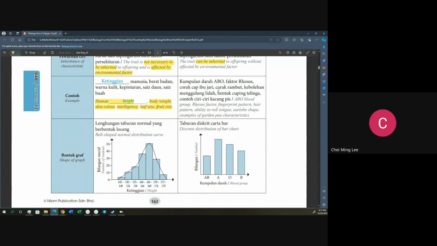While for discontinuous variation, we have ABO blood groups, blood group rhesus factor, fingerprint pattern, hair pattern, ability to roll your tongue, ear root shape, and examples of garden pea characteristics. On the graph, normally the shape for continuous variation will be a bell-shaped normal distribution curve, something like this, while for discontinuous variation it is a discrete distribution, a bar chart.